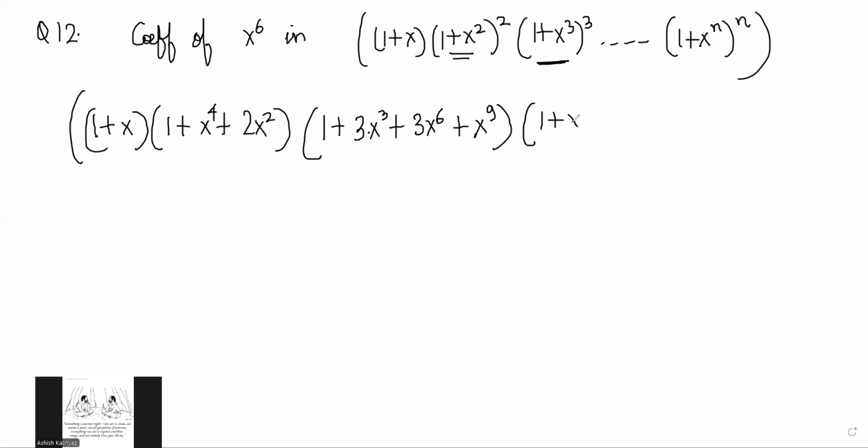After that, we'll have (1 + x⁴) to the power 4, the expansion of which is 1 + x⁴, 4x⁴, plus 4C2, 6x⁸, and so on, right? So that is also valid because you have x⁴ here. So basically, we have to look till the x⁵ term and the x⁶ term, I think, right?